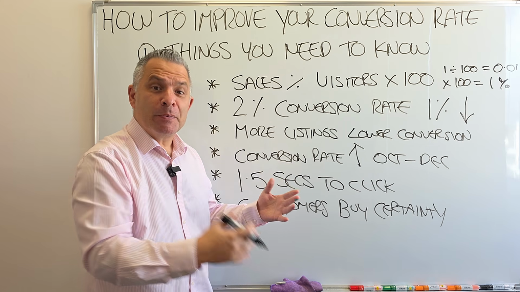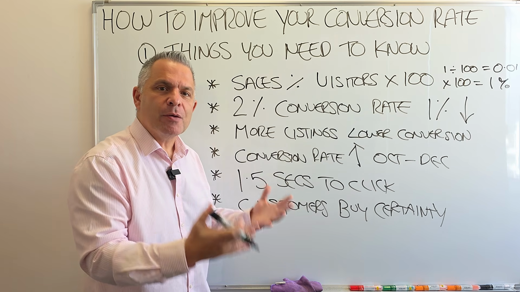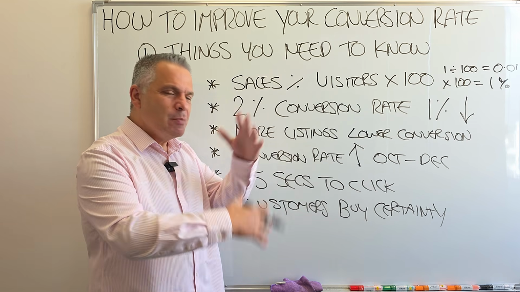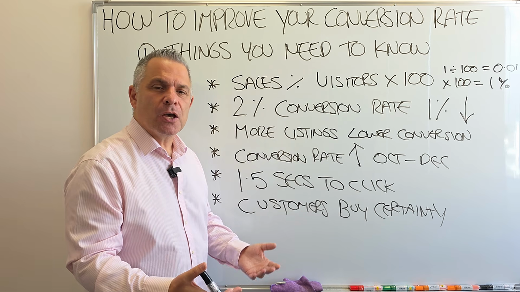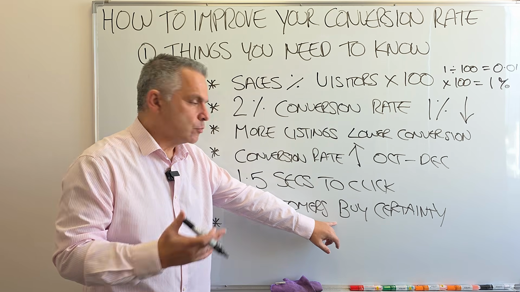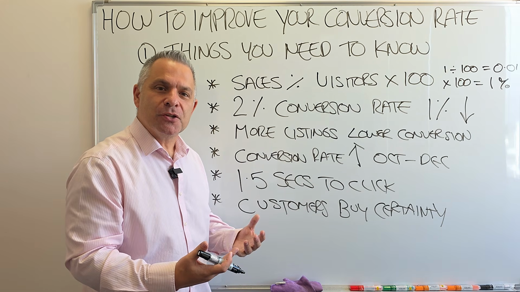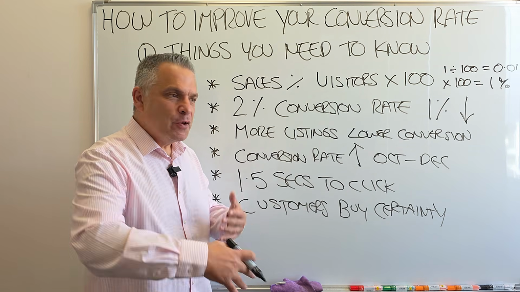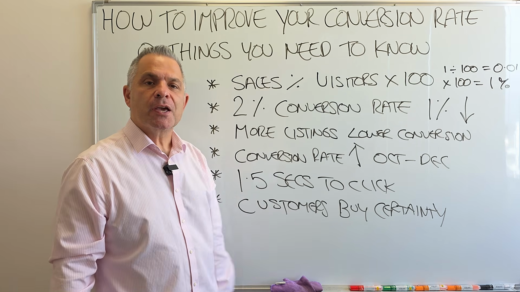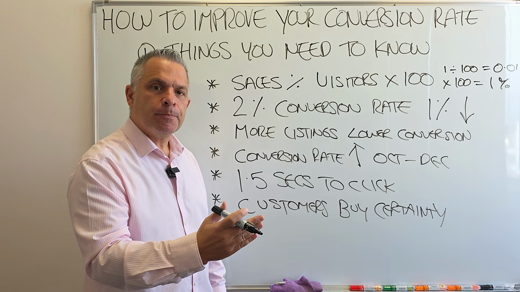You don't want to confuse people. Do you know how many listing images I look at where the primary thumbnail is confusing as hell? Too many props, sunlight, shadows, right? Customers buy certainty. Customers don't buy questions. So if your stuff is confusing, your photography isn't compelling and certain, you're just creating questions. You're making barriers to purchase, right?